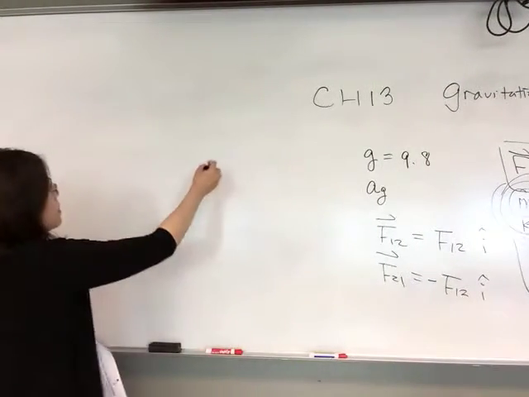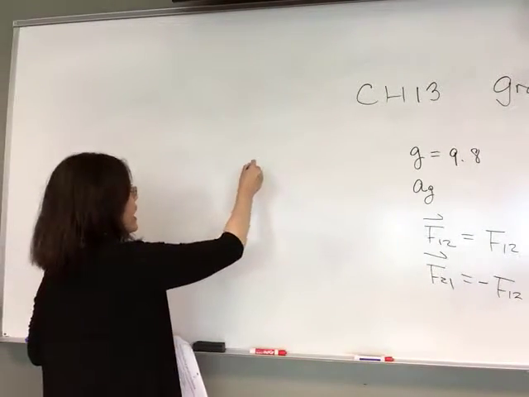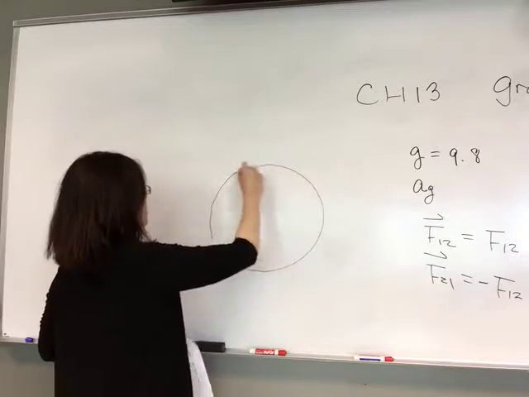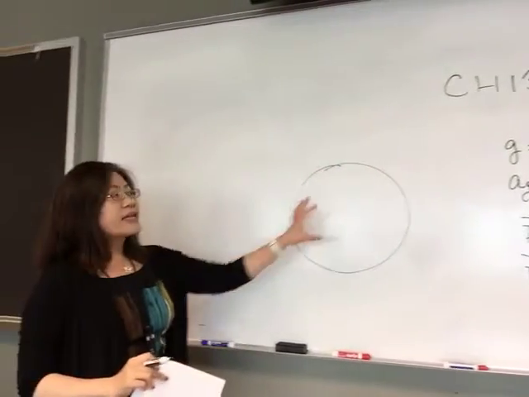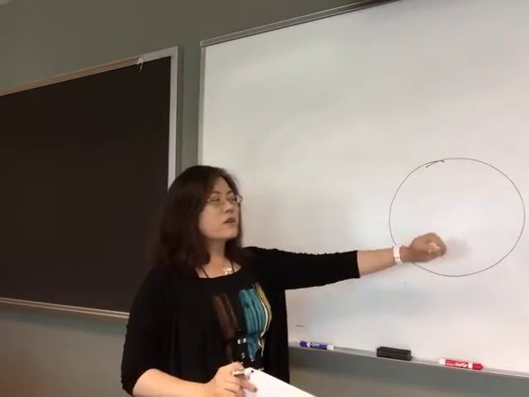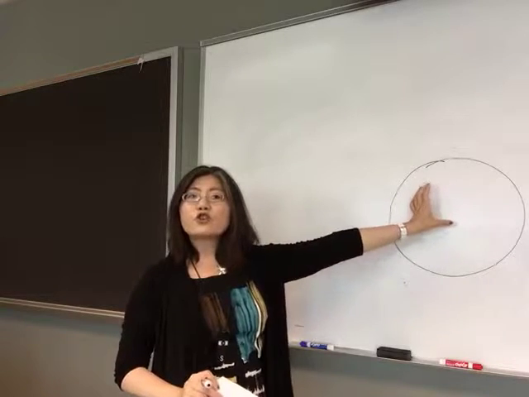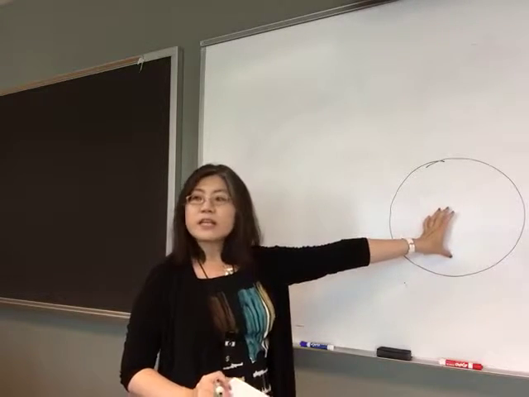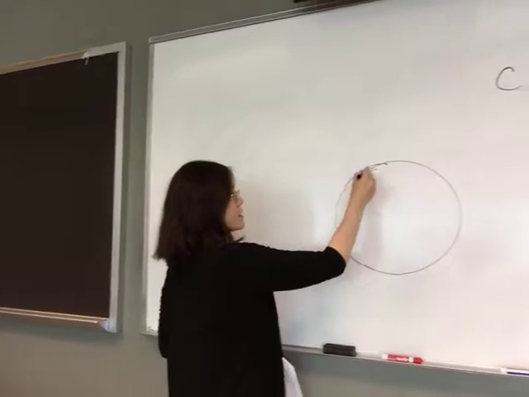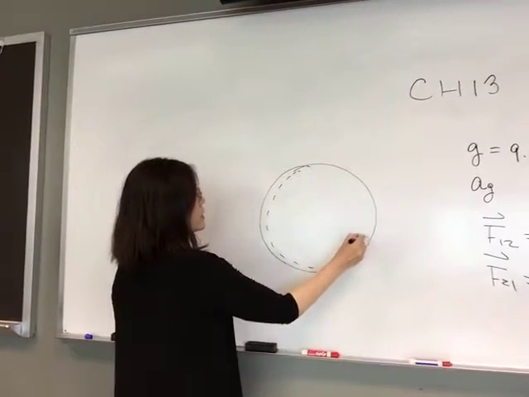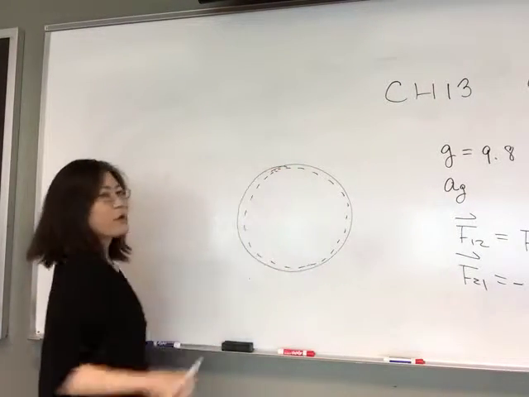Take for example the Earth. You can consider not the Earth, but a spherical shell, which means it's empty inside. You just have a thin mass that is evenly distributed along the surface of the sphere.